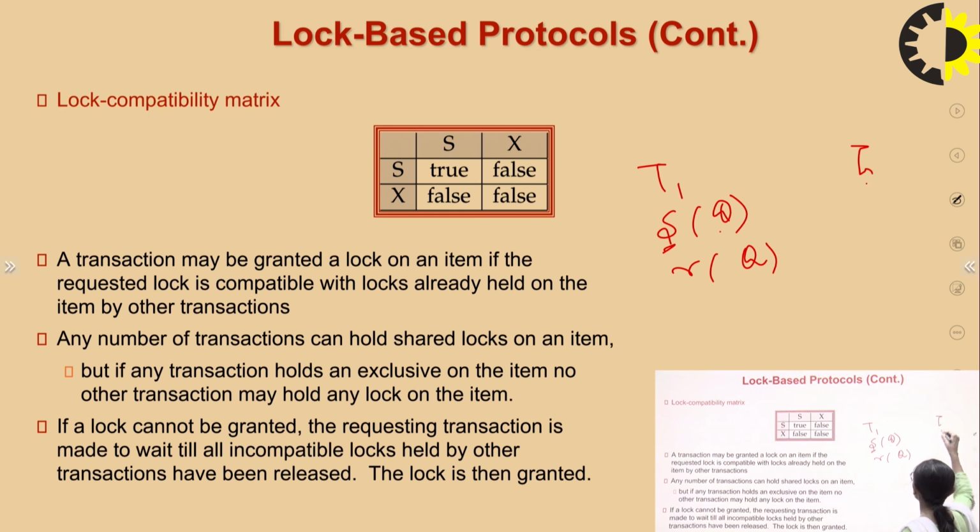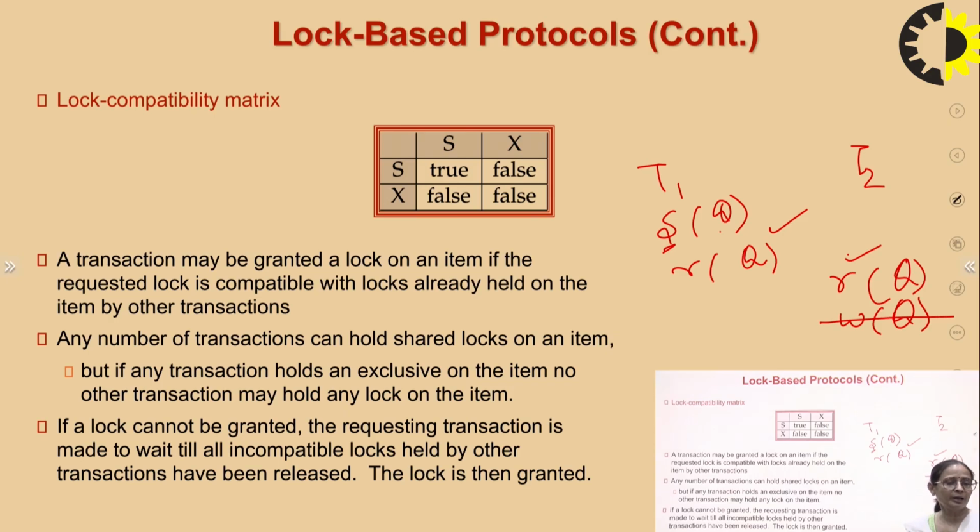Now T2 comes and also wants to read. Earlier, in conflict serializability, we saw that read and read operations are non-conflicting instructions. So T2 should also be allowed to go for the reading part. But if it wants to go for the writing part, then it would be denied.